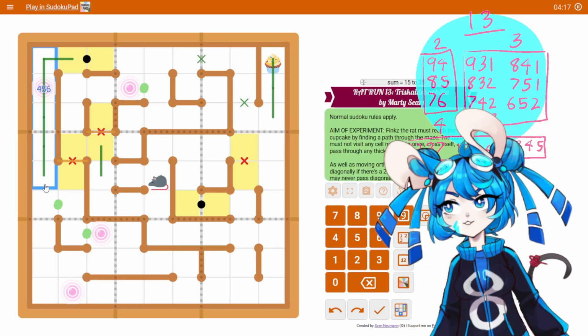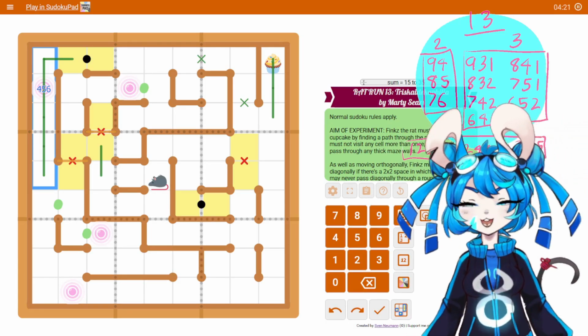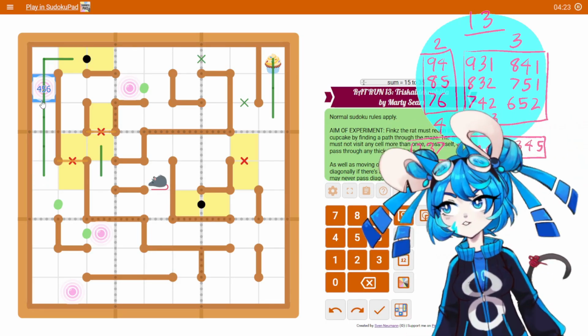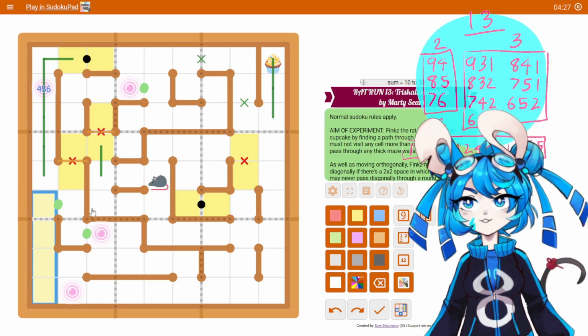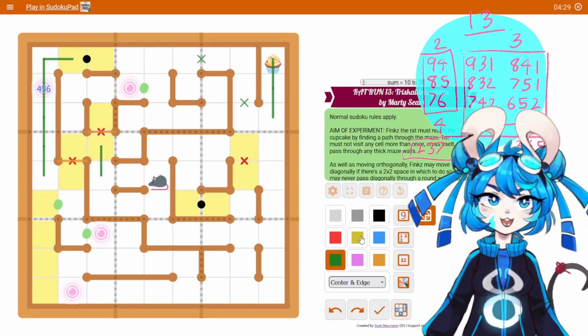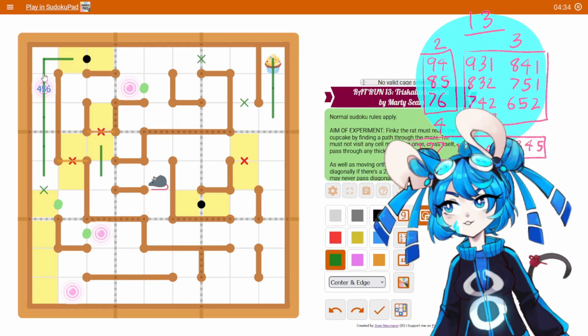So this needs to be one nullifier and one combination of 4 digits. So we can remove all of these. Those are all clear. And we can also put an X here because the path cannot visit any more cells in this column.